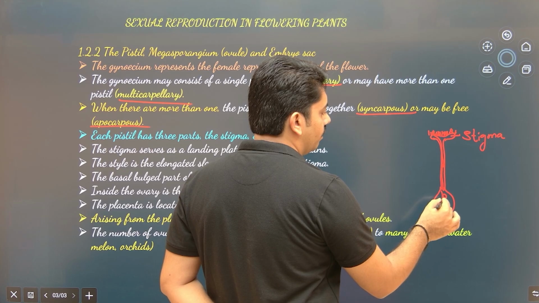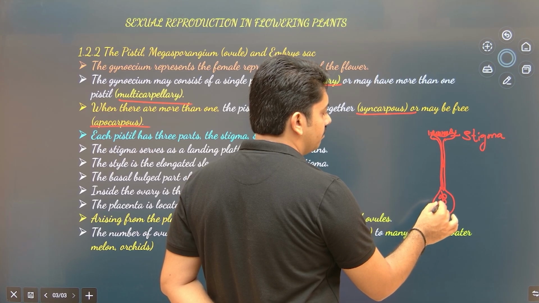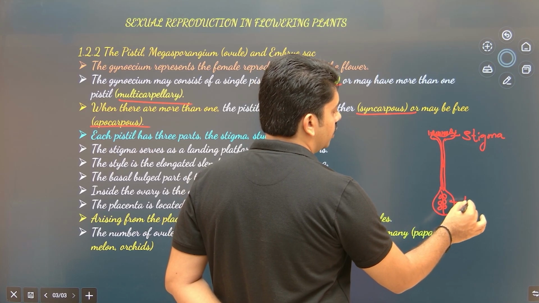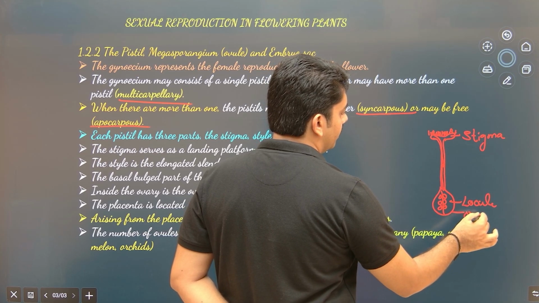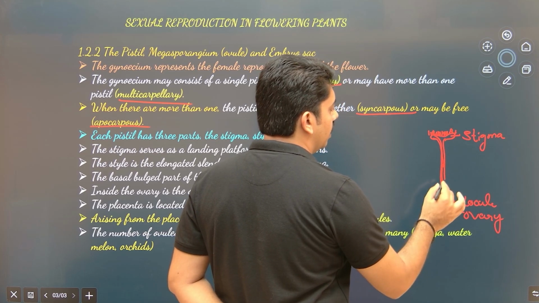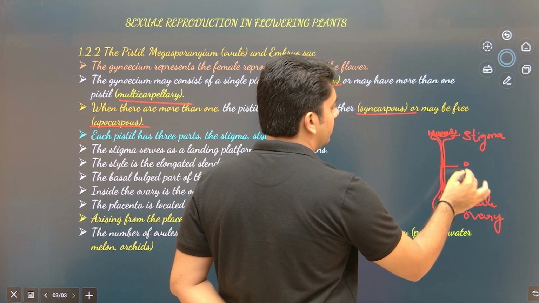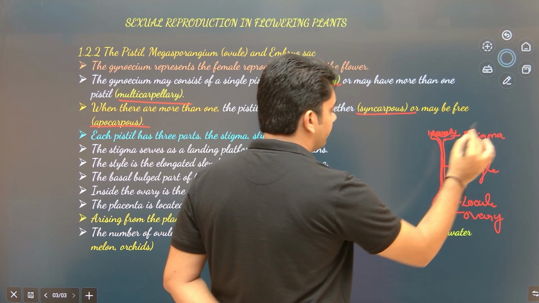Inside the ovary there is a chamber, which we call the locule. So this is the ovary, the chamber inside the ovary is called locule, and this long part we call the style.